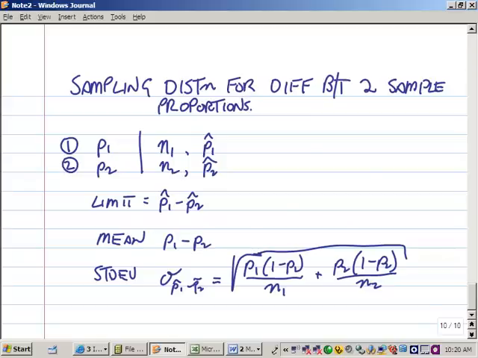Again, different formulas, but all the same sort of concepts. Now we deal with proportions, so you don't have to be given a standard deviation. We calculate standard deviations on the fly.